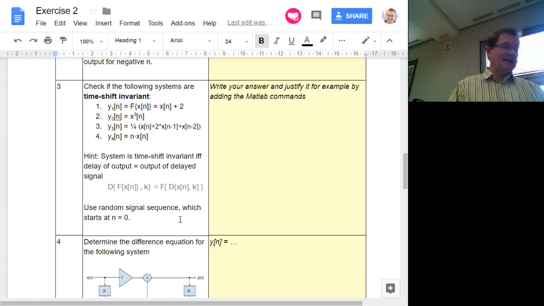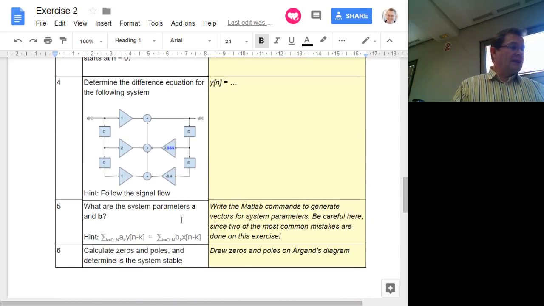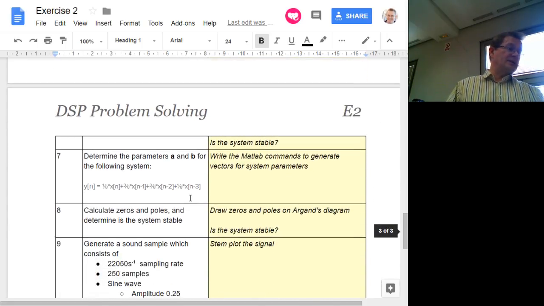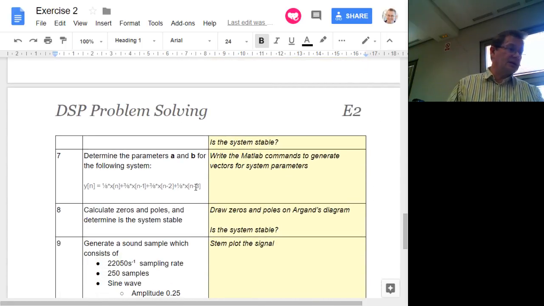I leave the stability for later on, and basically we have flow charts or block diagrams, how to describe the system parameters from the flow chart, calculating zeros and poles, determining the system parameters for a system described as state.